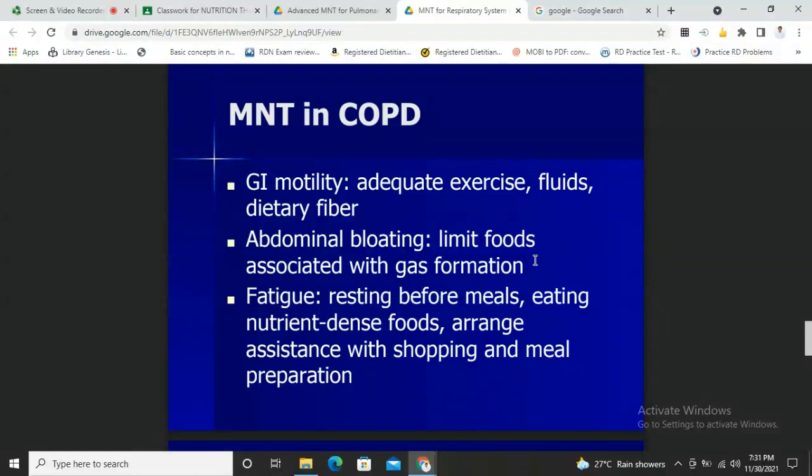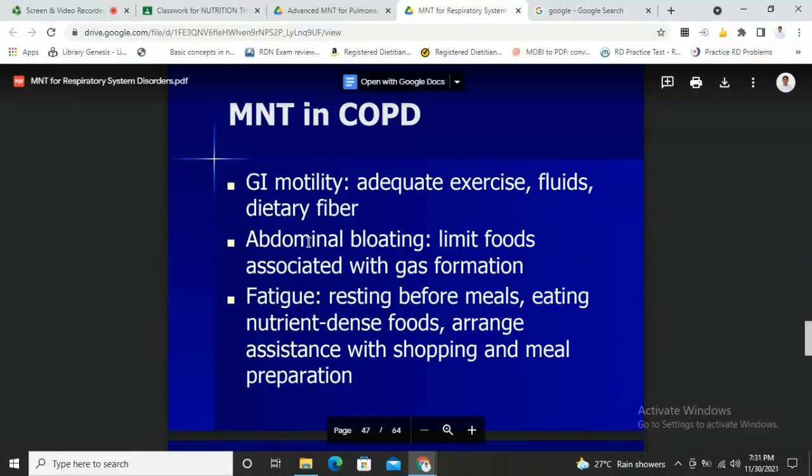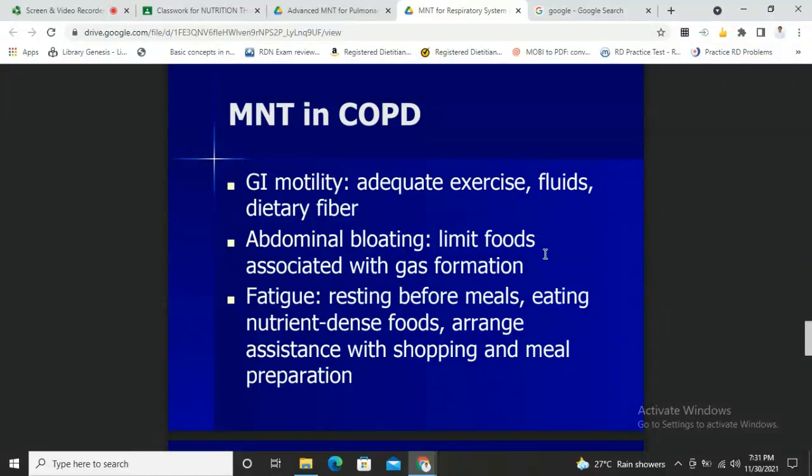All of those can introduce a lot of gases to the stomach that would contribute to bloating. So as much as possible, avoid these behaviors in the patient. And we also have to limit those foods that, when taken, may lead to an increase in gas production, like gas-producing vegetables.